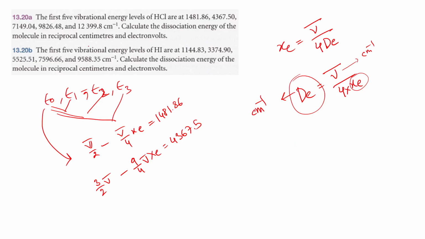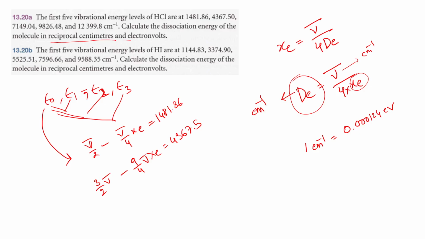So you can check on the internet the relationship between centimeter inverse and electron volts. I think 1 centimeter inverse is something like 0.0000124 electron volts. I'm not sure, just check it. Anyway, we are going to get the answer in centimeter inverse the way we have done it.